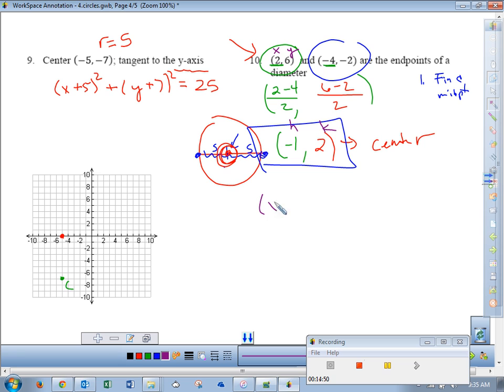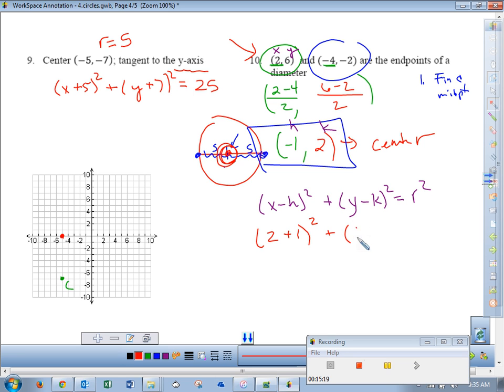So if the generic formula is this, all you have to do is substitute in, just like we did before. Do you know h, k, x, and y, but you don't know r? So let's do that. 2 minus h, so wouldn't that be plus 1? 1 is got to get squared.